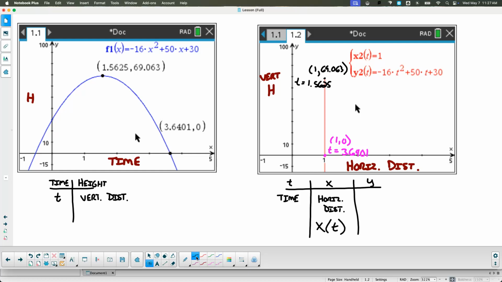And then the y column will be the vertical distance, which will be y of t, that function. Okay?